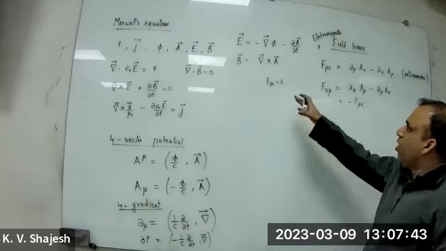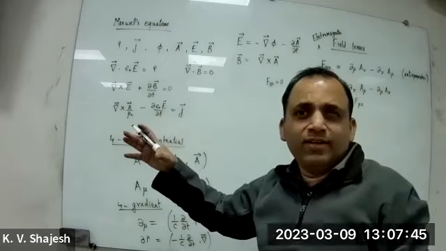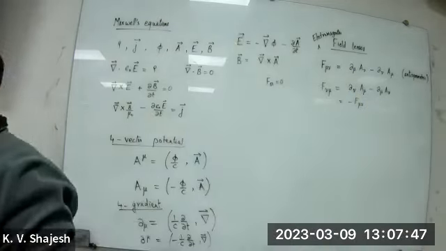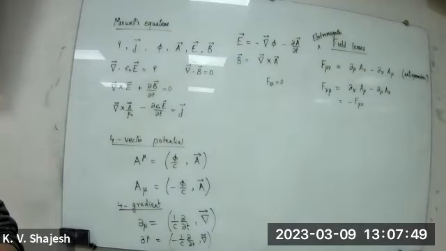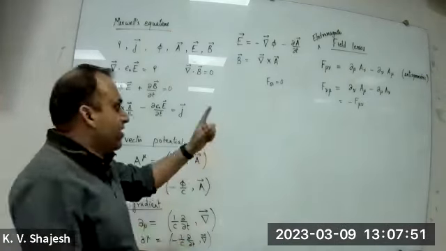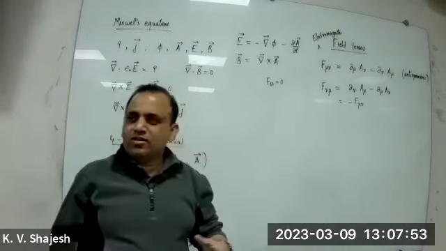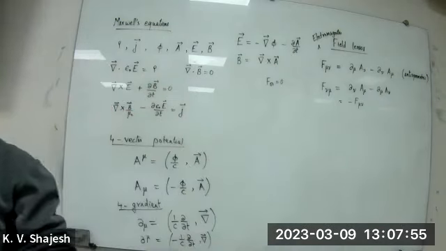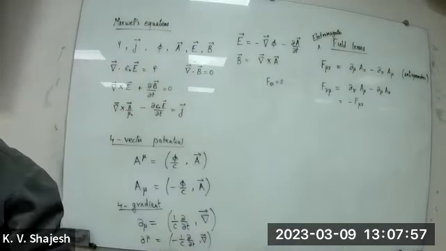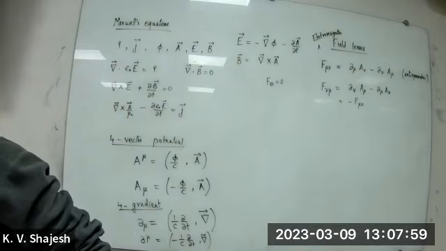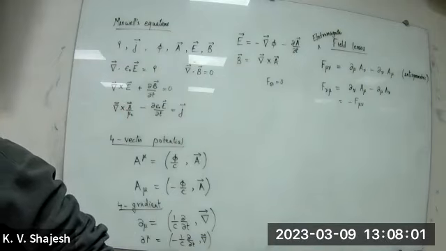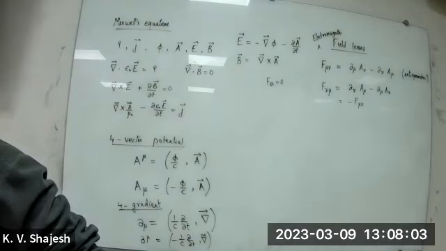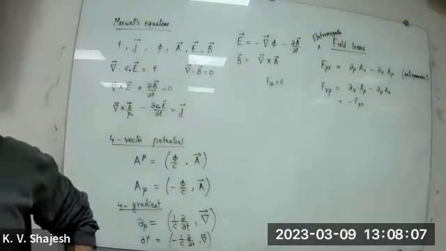So out of the 16 components, how many are independent then? If I tell you that there is an anti-symmetric matrix, 4 by 4, how many are independent? Six. Right? 6 of them.